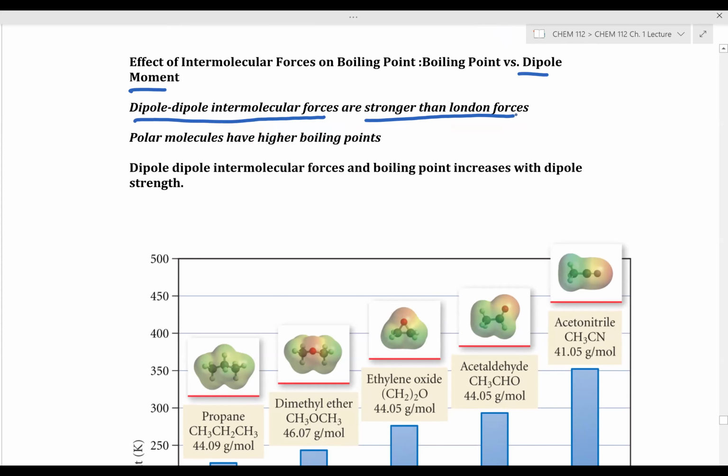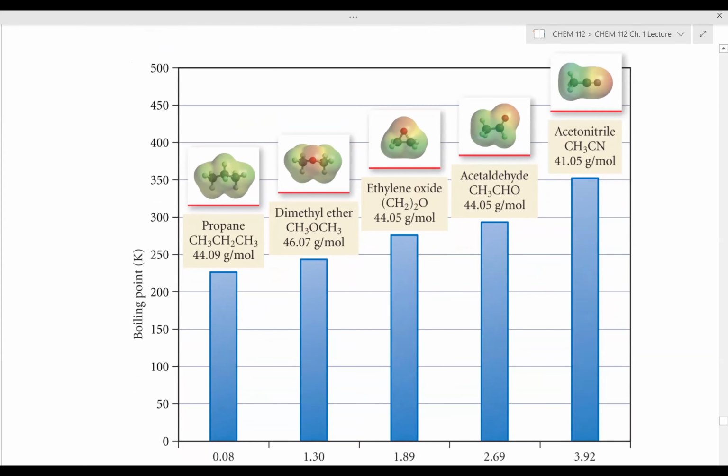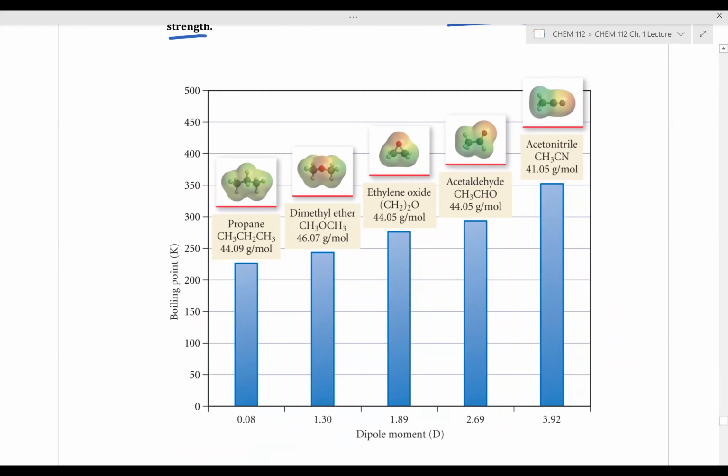And in general, polar molecules will have higher boiling points. Now, these dipole-dipole forces increase in strength with dipole strength. So let's take a look at the following chart, which showcases boiling point as a function of dipole moment, which is a reflection of molecular polarity.